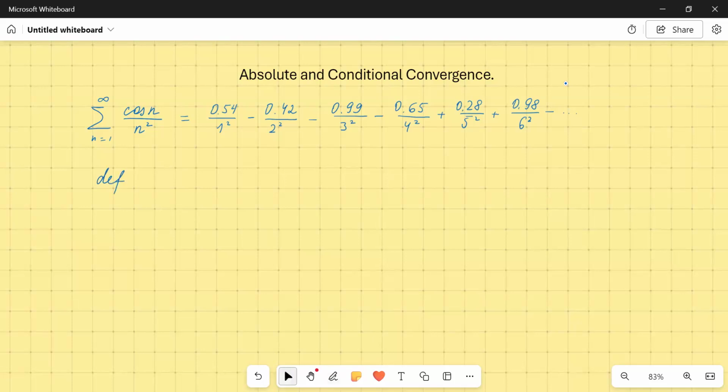Definition. A series a_n is called convergent absolutely if the series of absolute values is convergent.